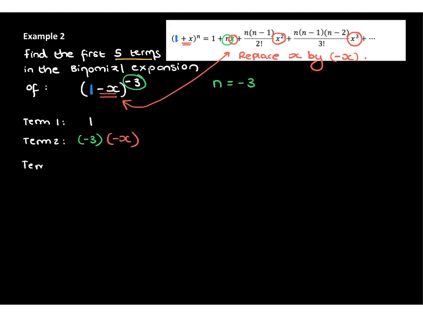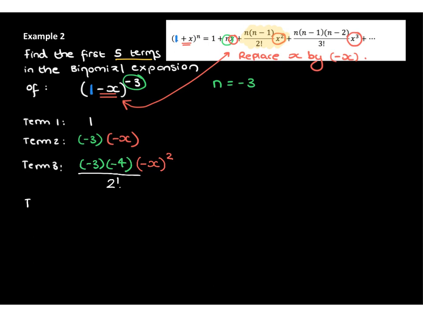Now, my third term, so I'm up to this part of the formula, is n multiplied by n minus 1 multiplied by x squared all over 2 factorial. So that is -3 multiplied by, and I'll just write -4 here for simplicity, multiplied by x squared, which is -x all squared, and the whole thing is written over 2 factorial.